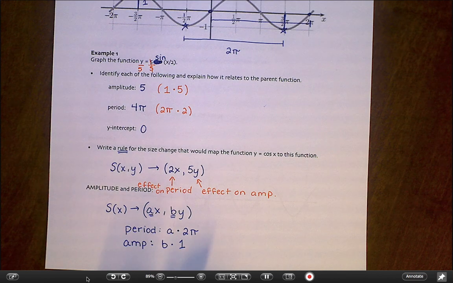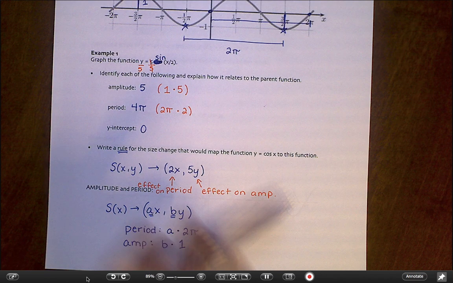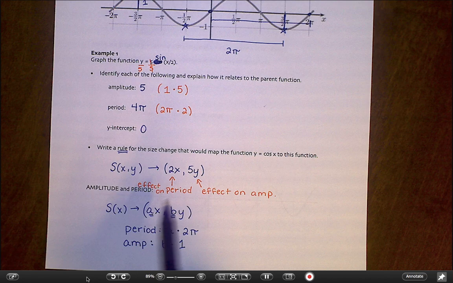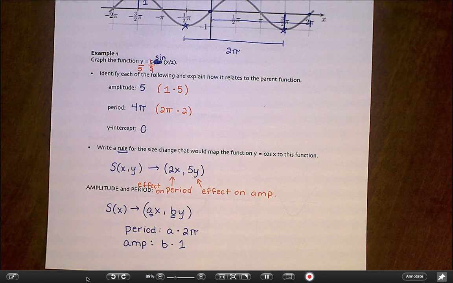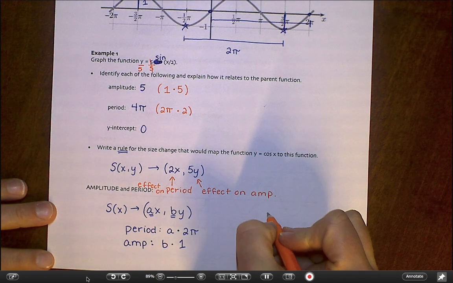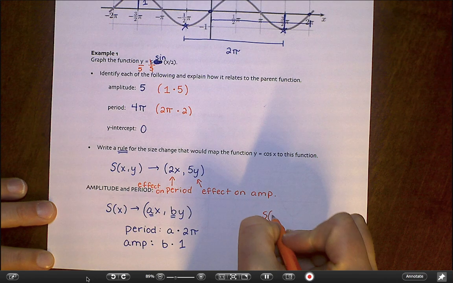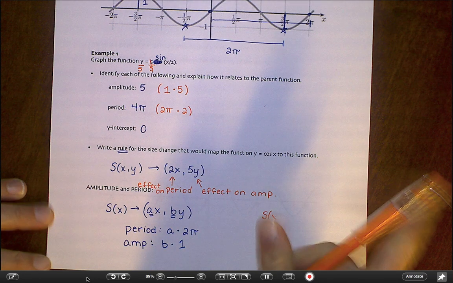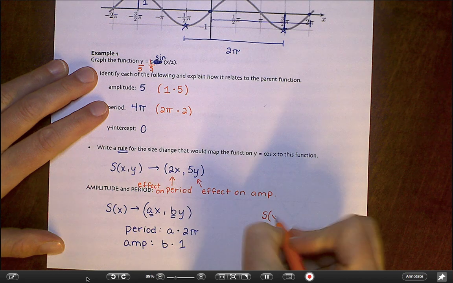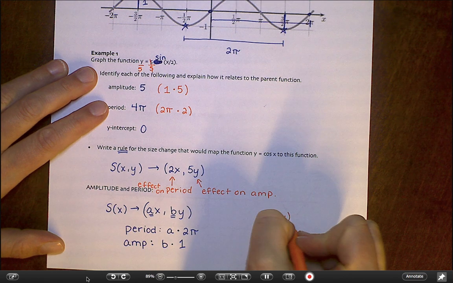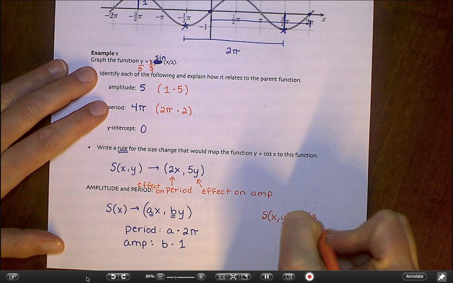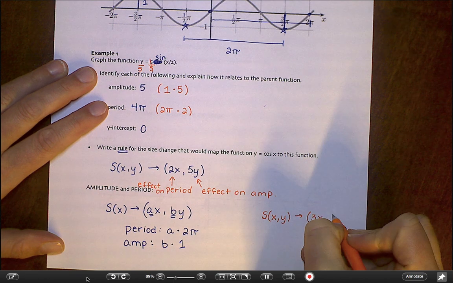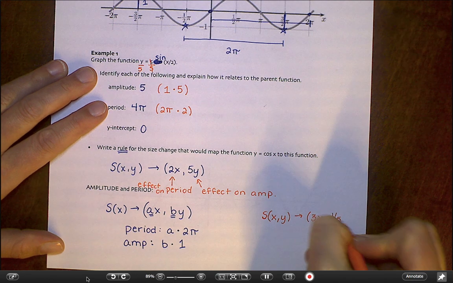So just as an example, because I know the next one is going to be really similar to this one we just did. If I gave you a size change rule, and you guys can choose to write this down if you want to, but if I gave you this, oh, and that shouldn't be SX. What am I doing? It should be SXY. If I give you this, 3x and then 1/5 y.